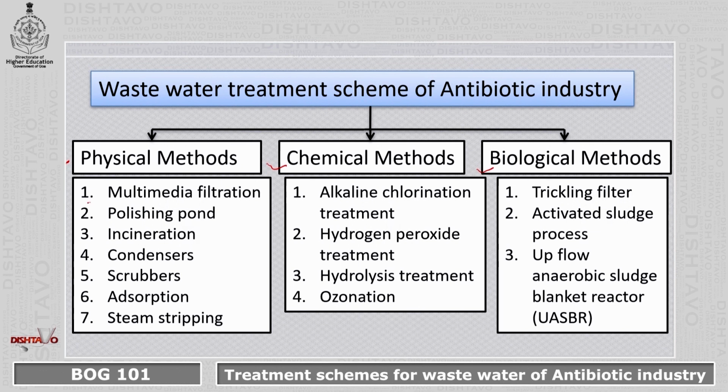Physical method consists of multimedia filtration, polishing pond, incineration, condensers, scrubbers, adsorption, and steam stripping. Chemical methods consist of alkaline chlorination treatment, hydrogen peroxide treatment, hydrolysis treatment, and ozonation. Whereas biological methods consist of trickling filter, activated sludge process, and upflow anaerobic sludge blanket reactor, that is UASBR.